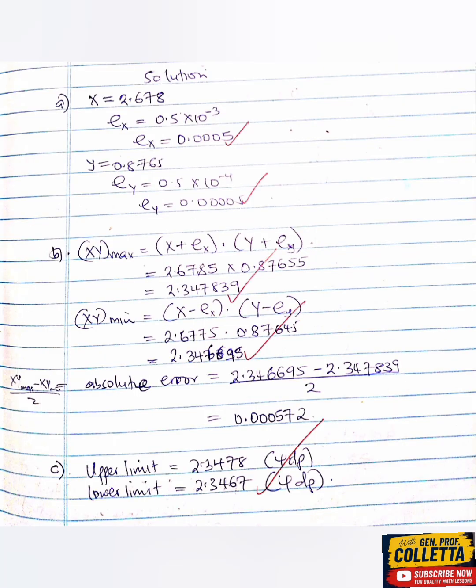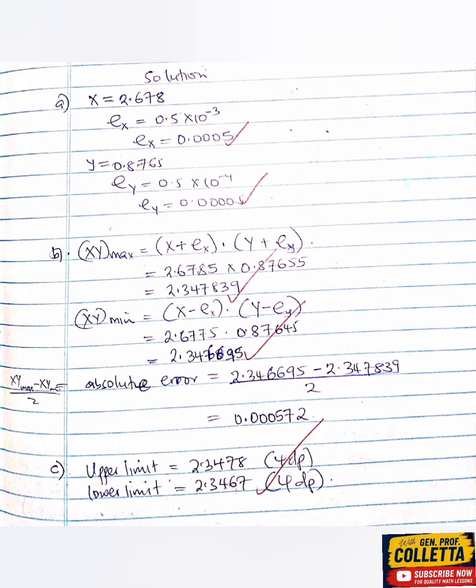Start. Then they want the maximum possible error in x and y. How do you get the maximum of xy? Since it's multiplication, we shall say that is x max times y max. That's why for part A, we first got the errors. Since they were got by rounding off 2.678, there are 3 dp, so the error in x will be 0.0005. Then y is 0.8765, there are 4 dp's, so the error in y is 0.